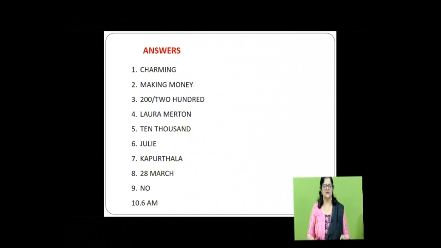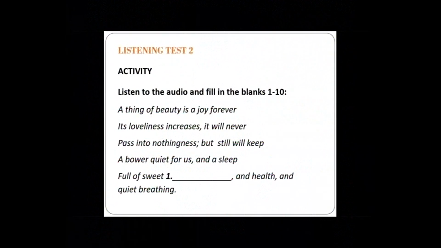The first section was from the chapter, you all know, The Model Millionaire. You have read the chapter in class. I hope you were able to fill in the blanks. And section 2 was multiple choice questions. I hope you were able to find out the answers. So let's now do another listening test based on a poem from your syllabus. You will listen to the audio and fill in the blanks.